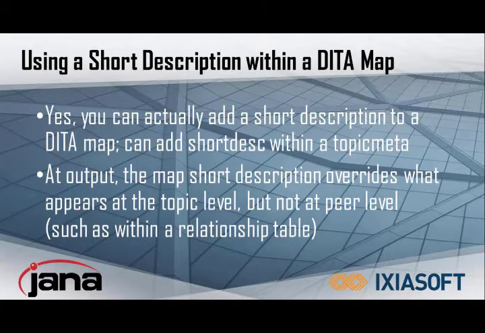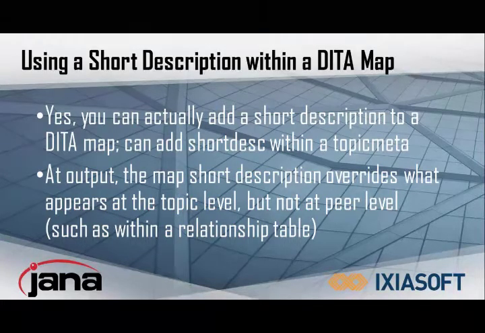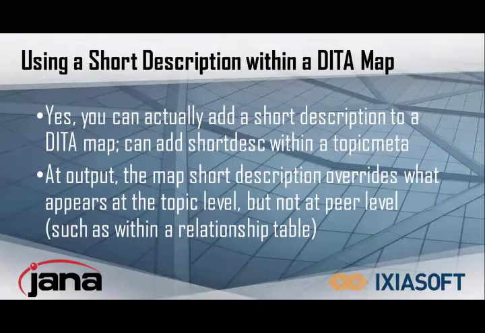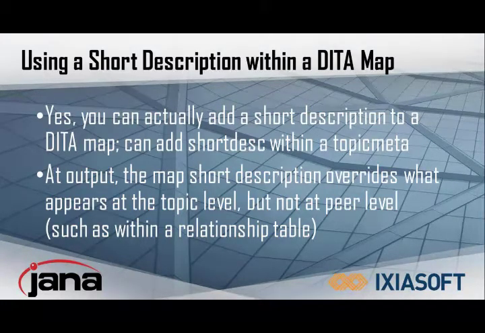But if someone takes a look at, say, the relationship table, which is a peer level version of things, then that is where the short description at the topic level would appear. So this can be useful in those instances where you might want different short descriptions appearing in different contexts.